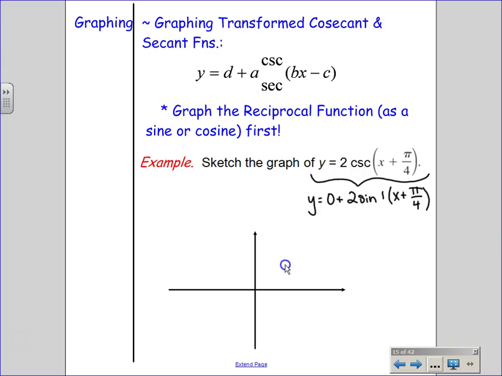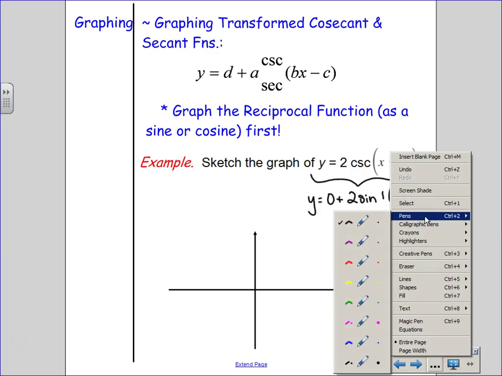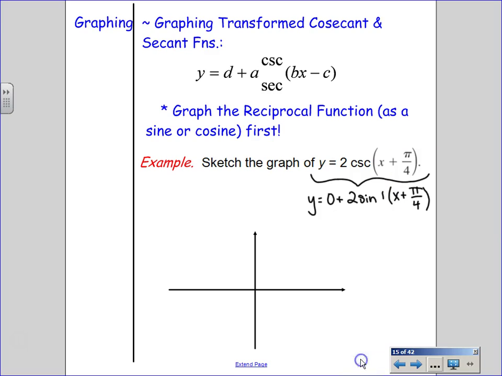So, where's my center? 0. I'm going to go ahead and make this gray real fast. And then we can make it dotted. Okay, so 0. And then how high does it go? Good, so we have 1, we have 2.